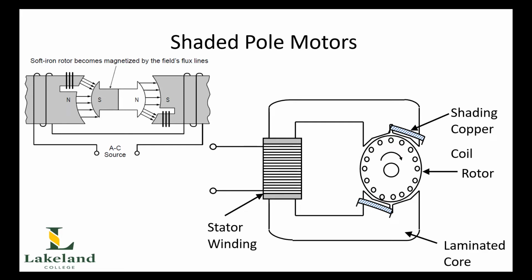You are very unlikely to come across this in industry, as these have very specialized applications, and they also don't produce very much torque at all. So they're really only used for constant speed loads that require very little torque. Something like a large clock, for example, that will operate at a very slow speed and would require very low torque. That's pretty much all I want to mention about shaded pole motors.